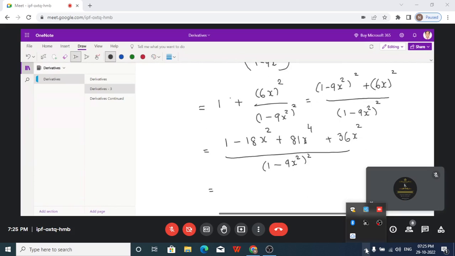So that means 1 plus 18x square plus 81x power 4. So you see that this becomes 1 plus 9x square.